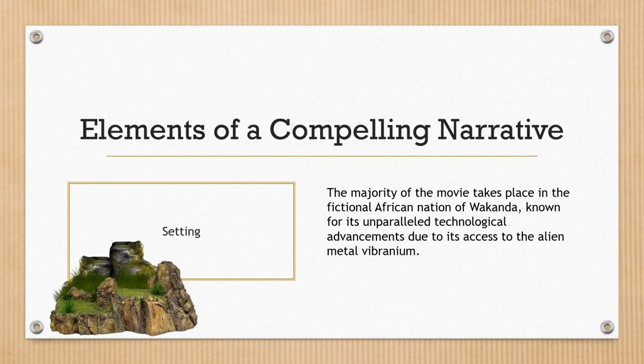In terms of setting, the majority of the movie takes place in that fictional nation of Wakanda, which is known for its technological advancements due to its ability to have an alien substance called vibranium.